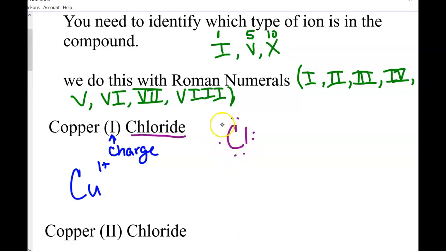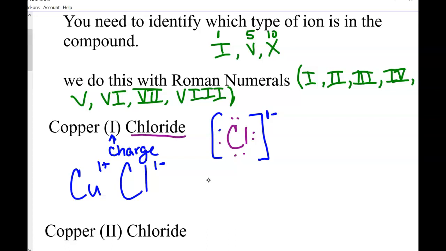So what would the charge be on that chloride ion? You're right, it would be 1 minus. So we're going to have Cl 1 minus. So chloride always has a 1 minus charge.